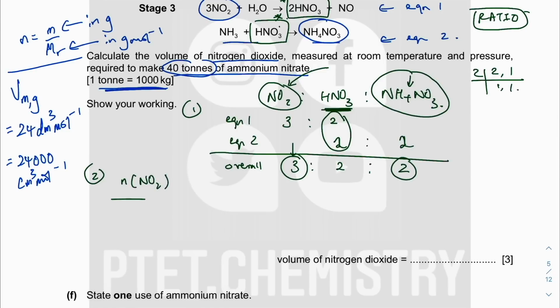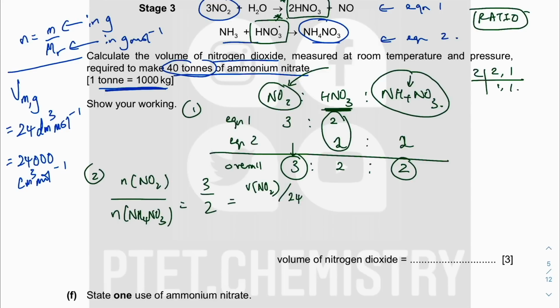So the mole of NO2 divided by the mole of NH4NO3 is 3/2. 3 mole of this will form 2 mole of this based on this reacting mole ratio. Okay? You have seen me using these fractions in the other video as well, yeah? When I do O-level or A-level papers, I love this method, okay? It's up to you if you don't like it, alright? You can always use your own method, really depends.